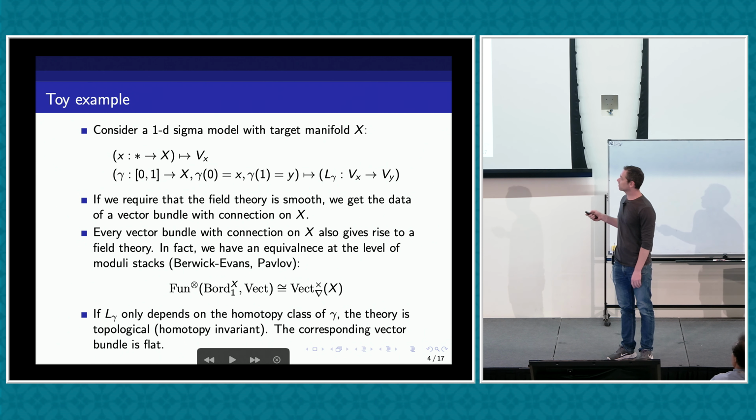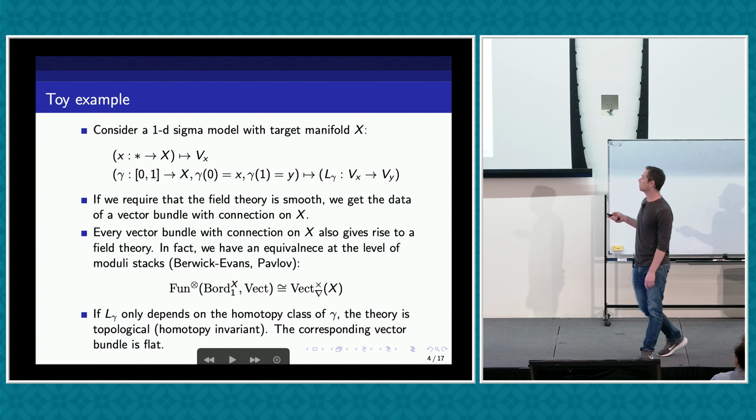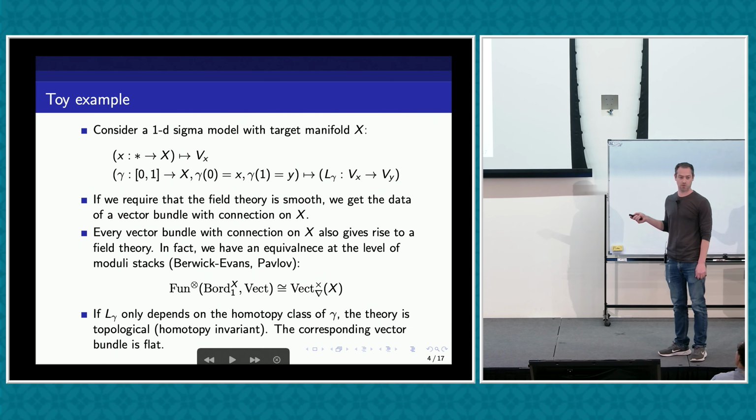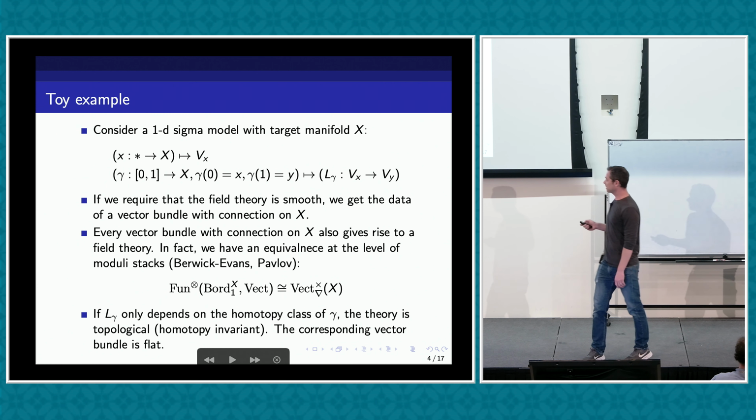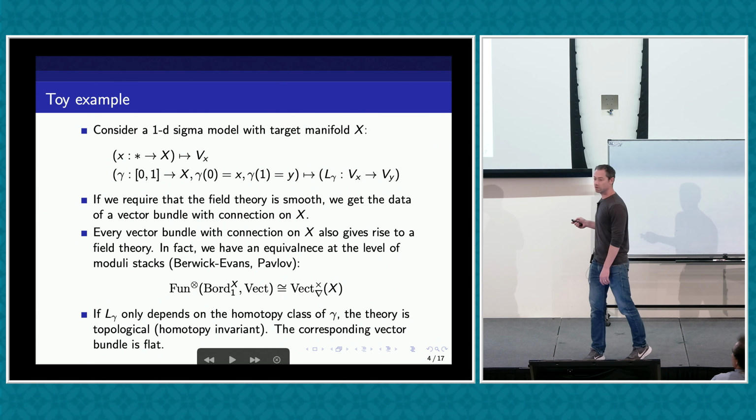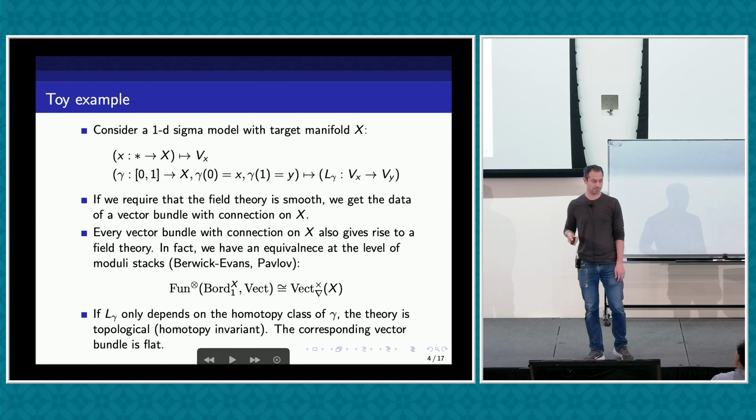Some people might call the first one a topological field theory because there are no metrics, but I want to think of a topological field theory as being one which is homotopy invariant. So if I insist that this only depends on the class of the path, then the corresponding vector bundle that you would get under this equivalence is going to be a flat vector bundle.